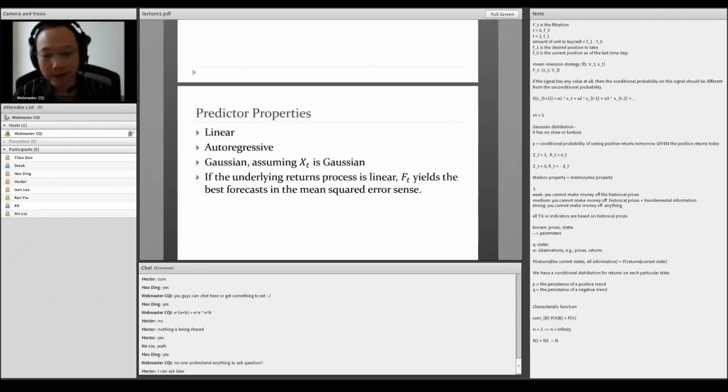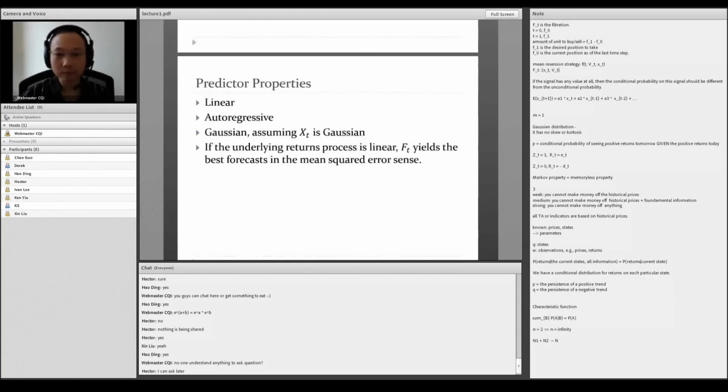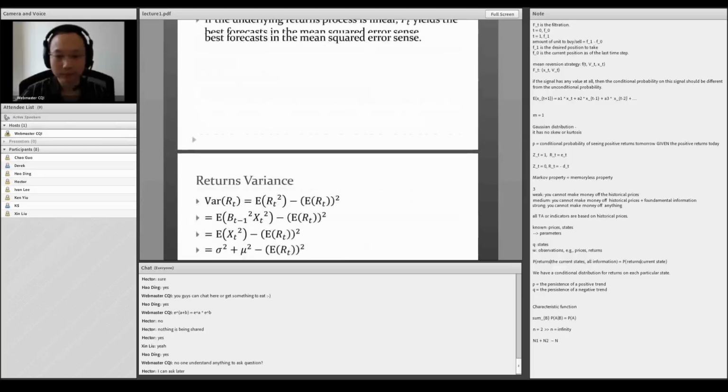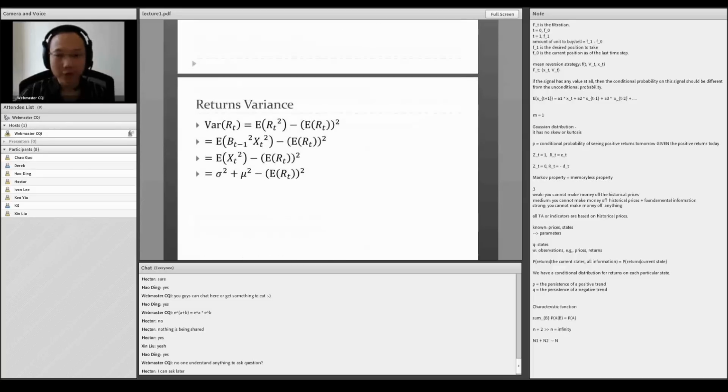So these are just some properties of the indicators. Now, when we play this strategy, we buy when this is positive, we sell when this is negative. We want to ask two things, obviously. We want to know the expectation of how much money we are going to make, and the variance of that.